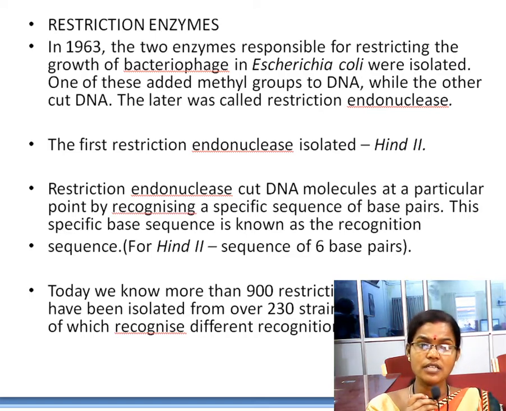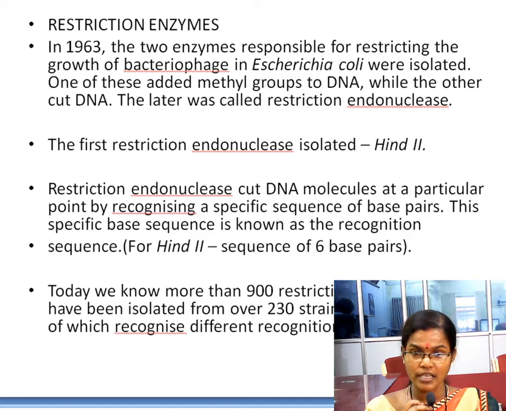Here students, Haemophilus influenzae is the name of the bacteria, but the name of the endonuclease enzyme is HIND2, HIND Roman number 2. This is the enzyme you can see on the screen, extracted from Haemophilus influenzae.